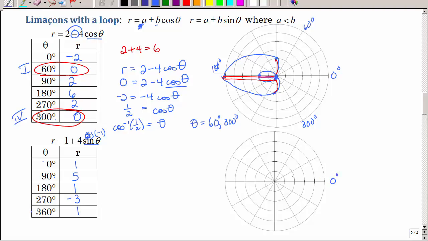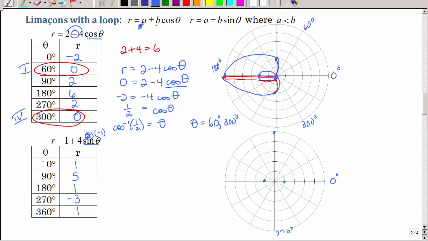Okay, so at 0 degrees, we're at 1. At 90, 1, 2, 3, 4, we're up to 5. 180, 1, 270. Oops, see, that's wrong. I plotted 270 positive 3. Here's 270.